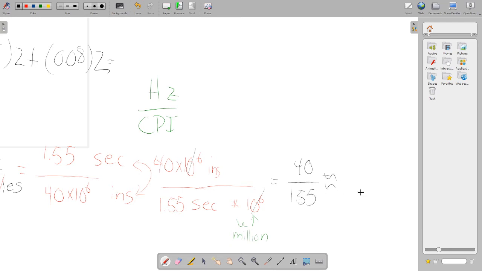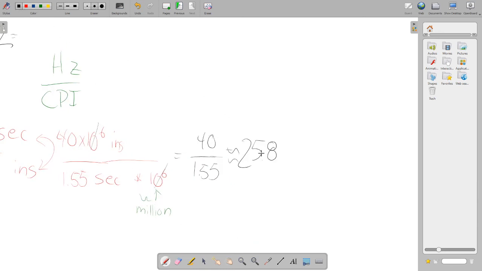Which is probably roughly like, what? 30 something? 37? I don't remember, and the answer key's not opening. 25.8? Okay, maybe I shot a little high. 25.8, thank you. MIPS. And then that's our final answer. So thank you, whoever caught the fact that I forgot to divide by 1,000,000. Because it's 1,000,000 of instructions per second, and I only had instructions per second.